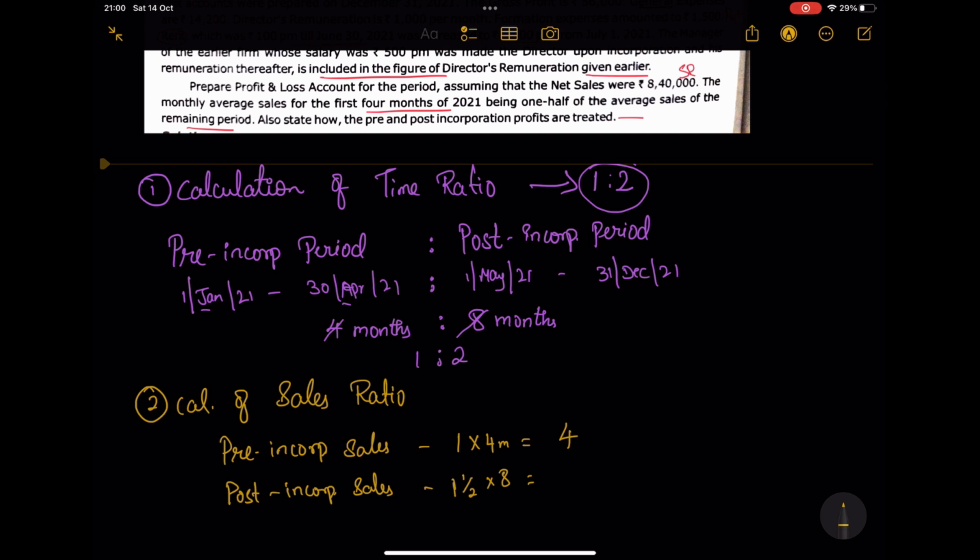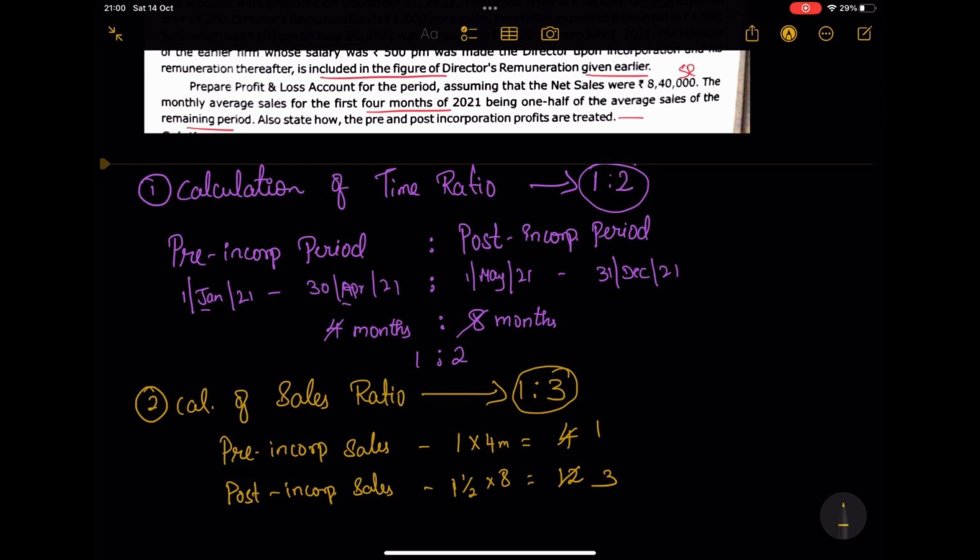If you calculate it, how much we will be getting? Use the calculator, or it is very simple. 1.5 into 8 will be getting 12. So 4 ones are 4, threes are 12. So sales ratio is 1:3. Got it? This is the ratio.